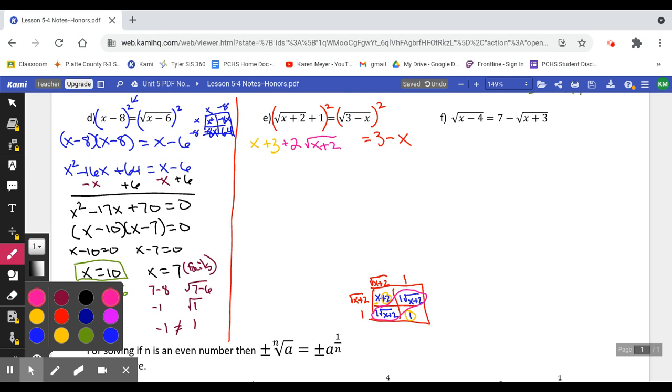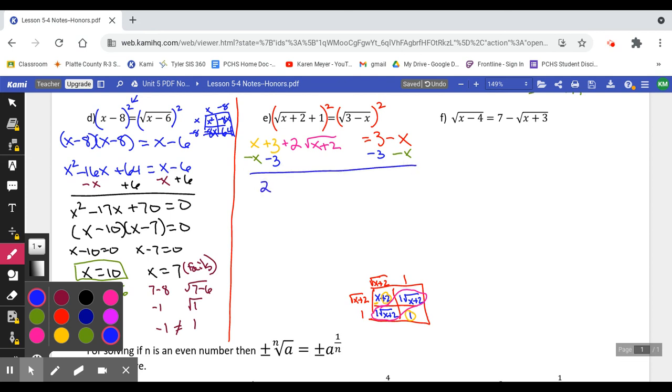Now, our job is to get the square root all by itself. So I want to get rid of this x. I want to get rid of this minus 3. Now, don't try to subtract that 2, because remember that 2 is in front of the root. So it is actually being multiplied by the root. So don't do anything with that yet.